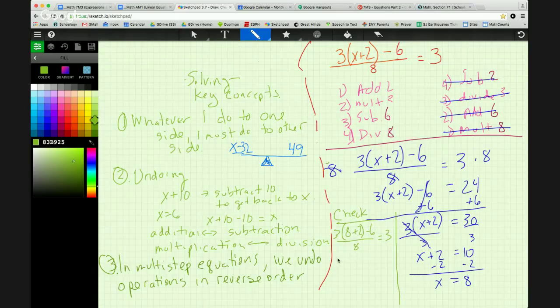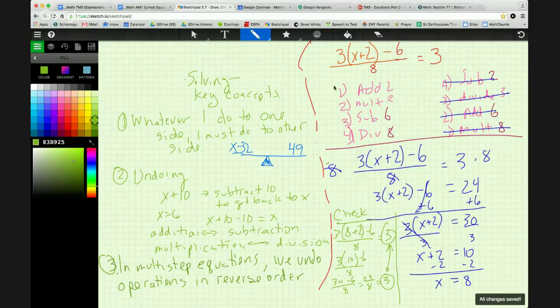So, well, let's see. 3 times 10 minus 6, over 8, is the same thing as 30 minus 6 over 8. That equals 24 over 8. And so that does equal 3. So our 3 does equal our 3.